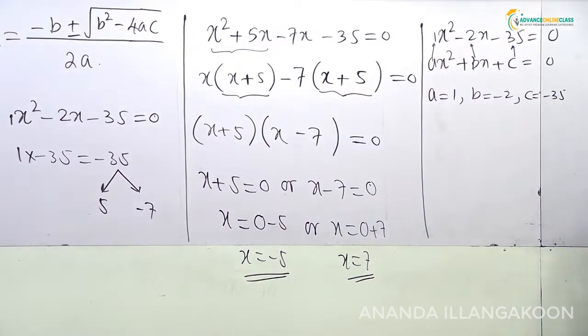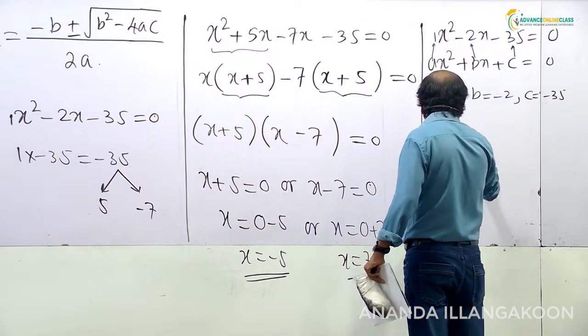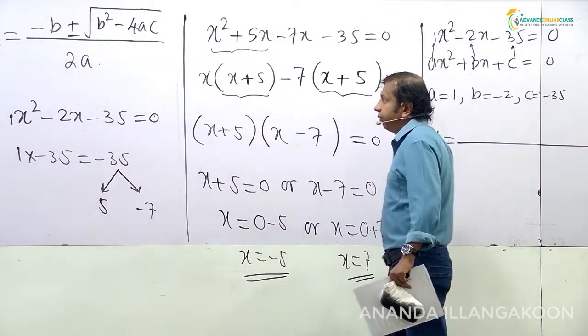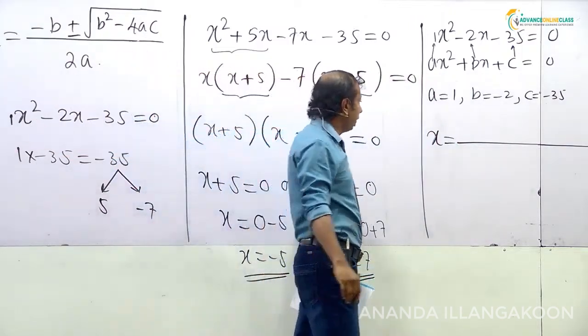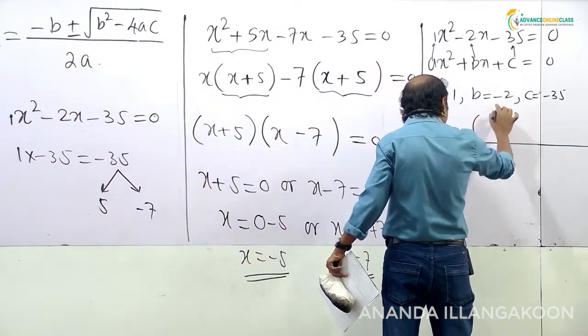Now apply the formula. Right. This is the formula. Apply that. Right. First we have minus b. Minus b, b here is minus 2.